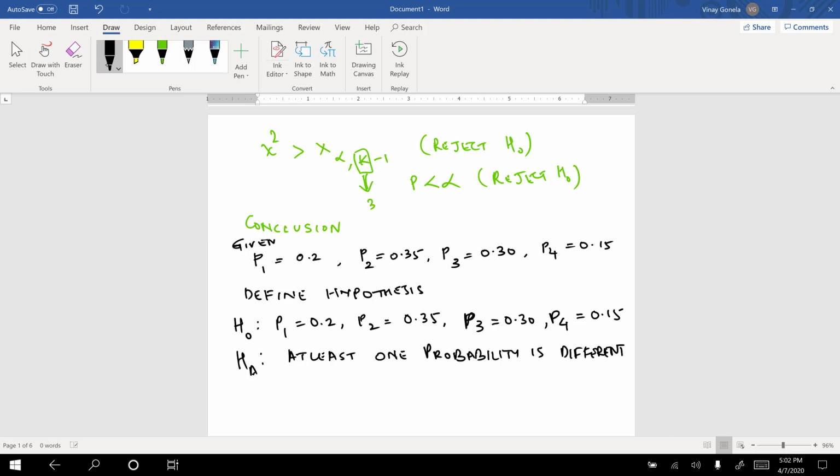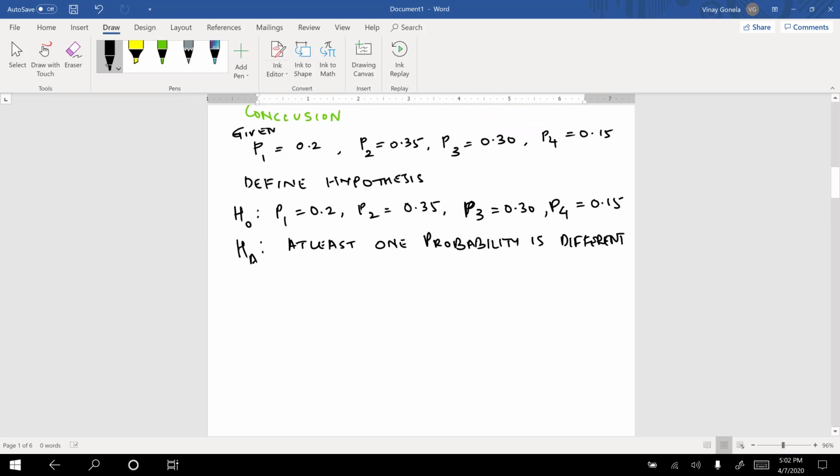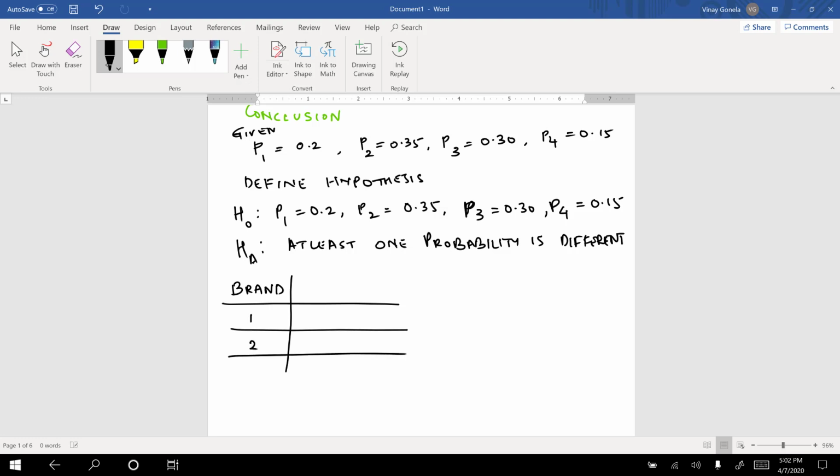That is our hypothesis, and then they will give you a table. They will give you the brand. We have 4 brands, so brand 1, brand 2, brand 3, and brand 4, and then they will give you the actual sales, which is represented by Ni, where i takes 1, 2, 3, 4.